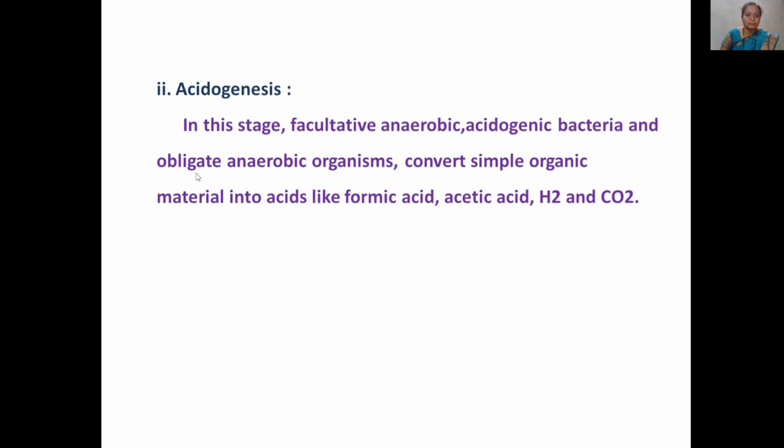Acidogenesis. In this stage, facultative anaerobic acidogenic bacteria and obligate anaerobic organisms convert simple organic material into acids like formic acid, acetic acid, hydrogen, and carbon dioxide. Methanogenesis.